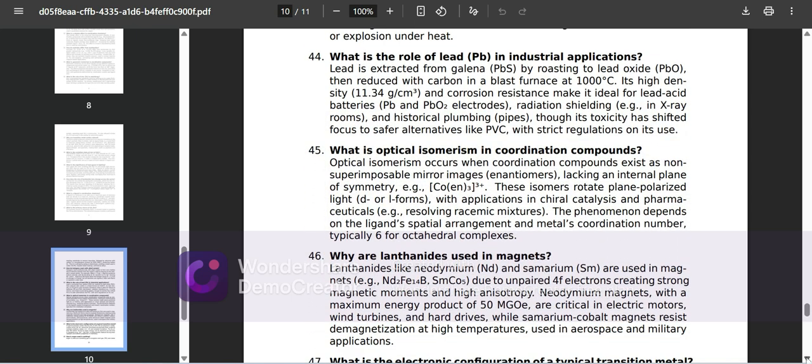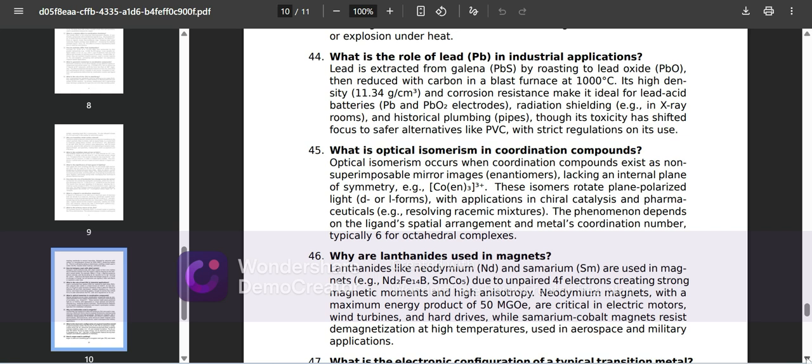What is the role of lead in industrial applications? Lead is extracted from galena, PbS, by roasting to lead oxide, PbO, then reduced with carbon in a blast furnace at 1000 degrees Celsius.